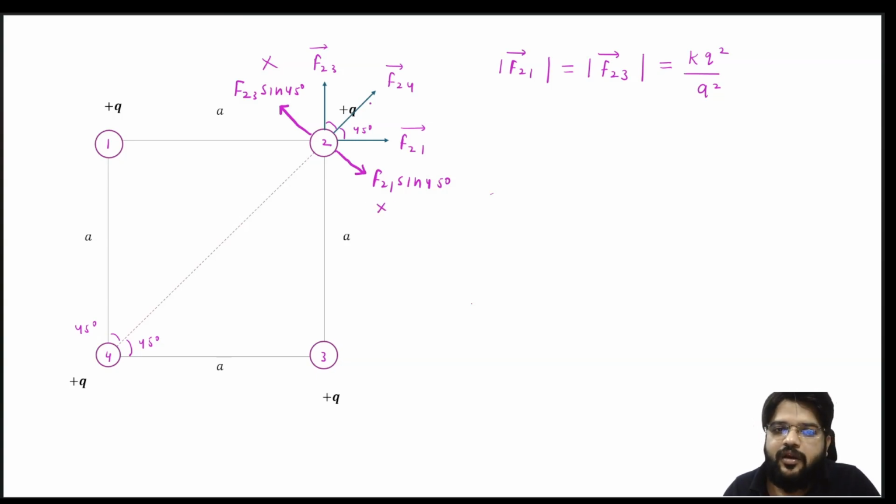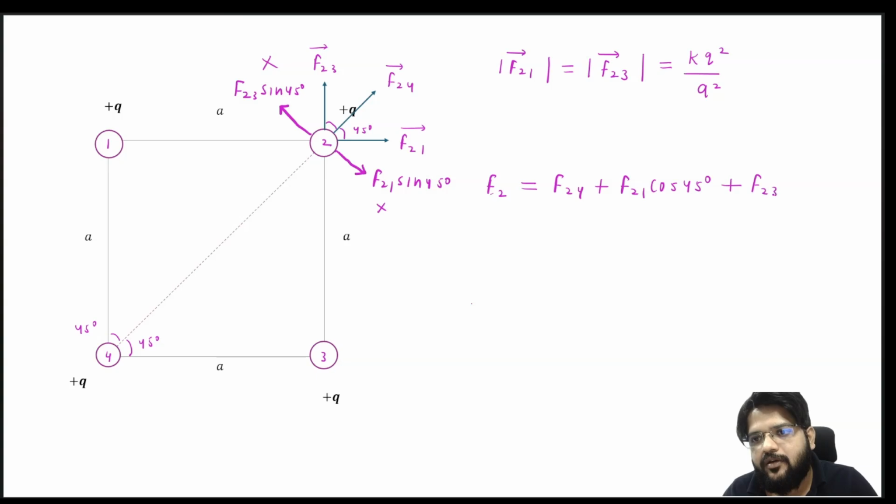So along the diagonal, now the net force we have is F24 plus F23 cos 45 plus F21 cos 45. So I am writing here, net force on the second charge is F24 plus F21 cos 45 plus F23 cos 45. All right.